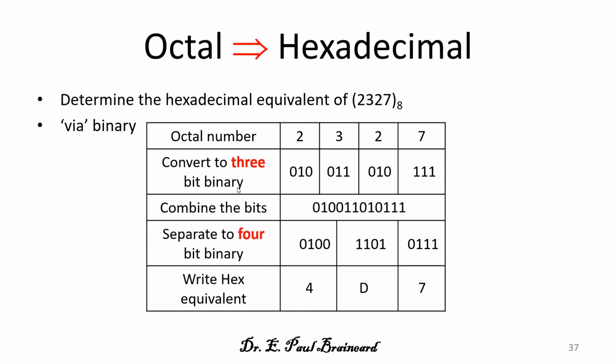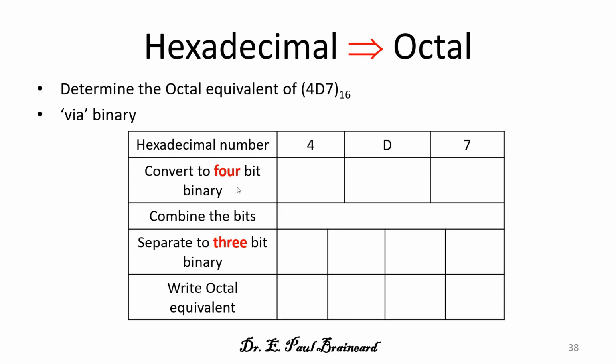Now let's convert a hexadecimal number to the octal number system. Again, this happens via binary. Let's convert the hexadecimal number 4D7 into octal. Each hexadecimal digit is converted into 4-bit binary numbers.